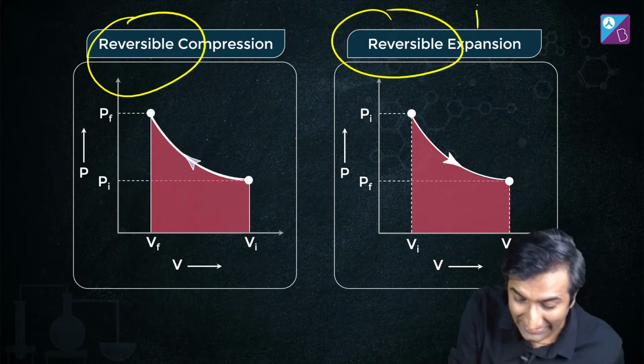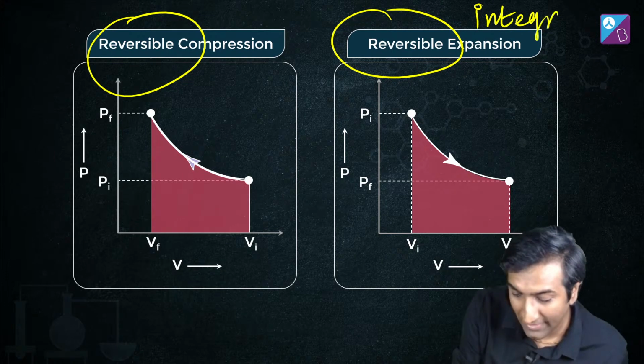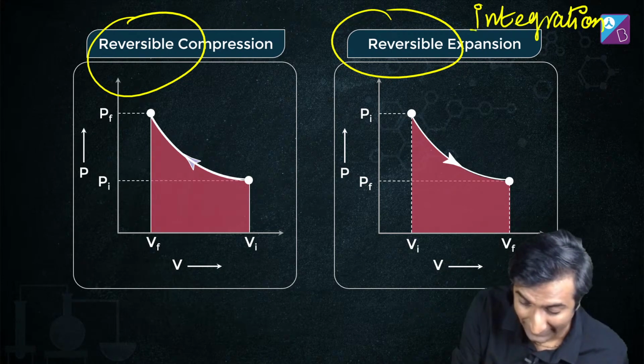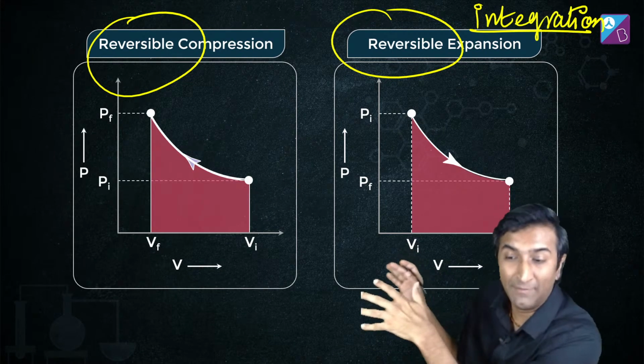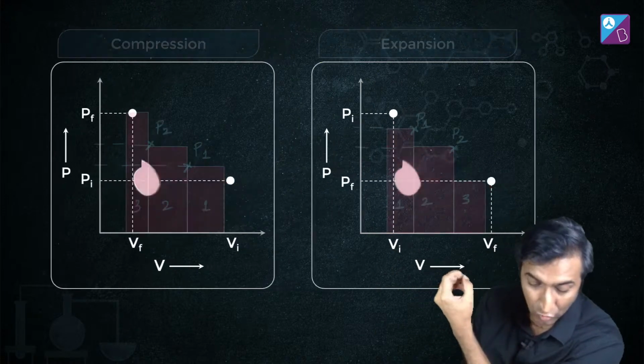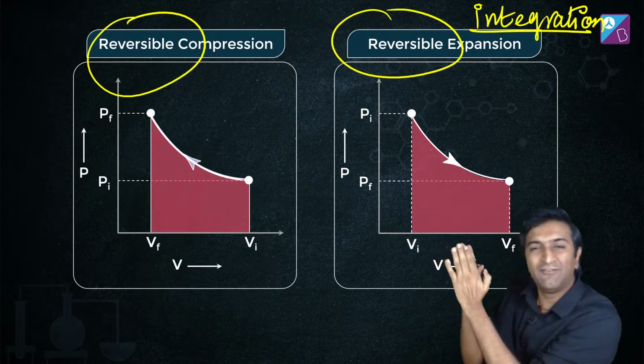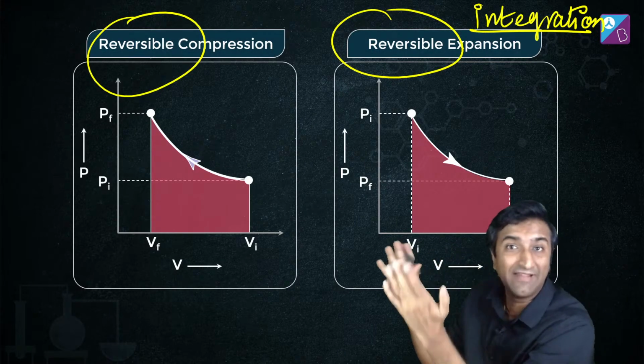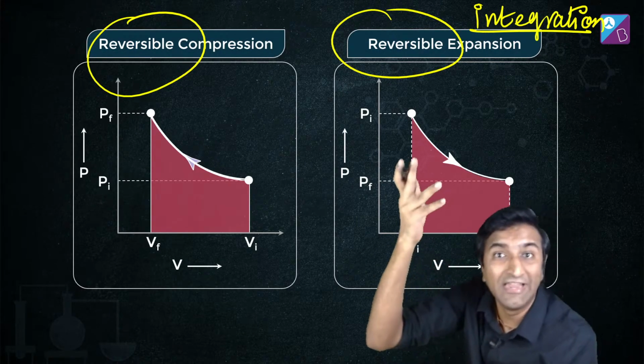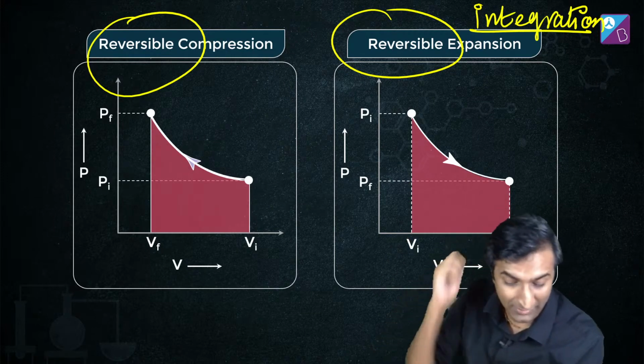This is exactly the same as integration. If you guys like math, like me, I absolutely love the graph part of math. What did we do? We integrated, right? If you keep increasing the number of steps, you get to infinitesimally small steps, and that is integration. And that's why you have reversible expansion, reversible compression.